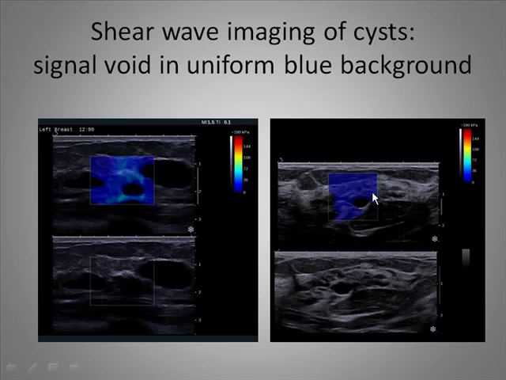And more recently, on equipment that we have been using, we can see signal void against a uniform blue background. And this uniform blue background is important to be sure that the signal void is fluid, not signal void within some abnormal mass, and has been highly reliable in correlating with a cyst.